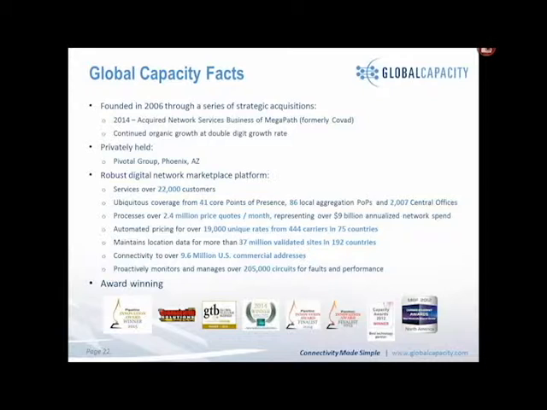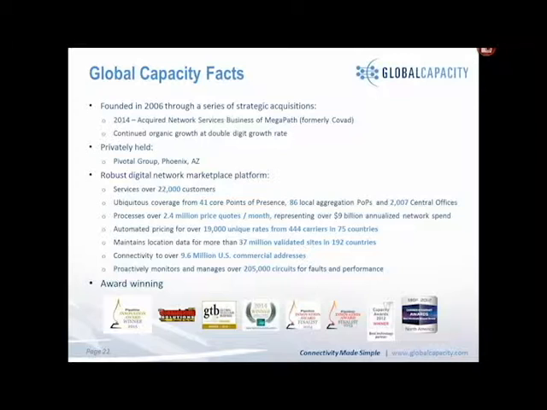And we will continue to grow. We are privately held. We currently have just over 22,000 customers with network connectivity points, 2,007 central offices, 41 core points of presence in terms of data centers and applications, and that's really important in terms of proximity, being as close to your location and as close to your applications as we need to get.